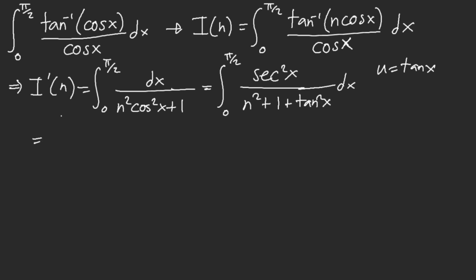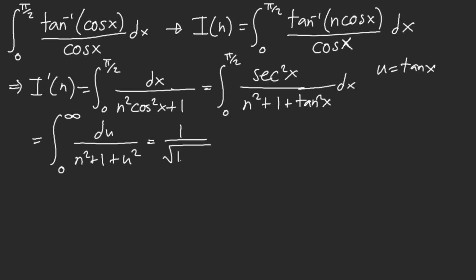So now what we have here is from 0 to infinity, right? We have the integral from 0 to infinity of du over n squared plus 1 plus u squared. Okay? And this is equal to 1 over the square root of 1 plus n squared, times inverse tangent of u.